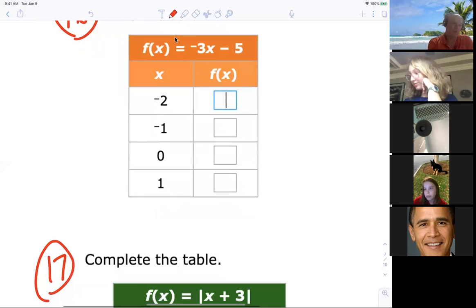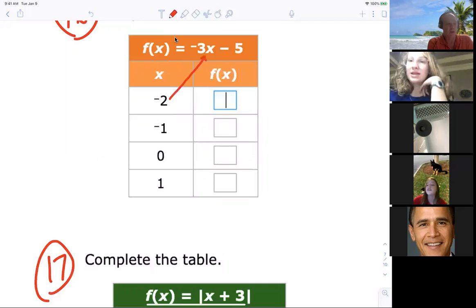All right, now you got to be careful. What's -3 times -2? Come on now. Come on, guys. It's embarrassing. -3 times -2 is positive 6. Minus 5 is 1.